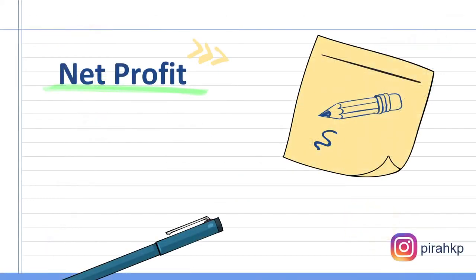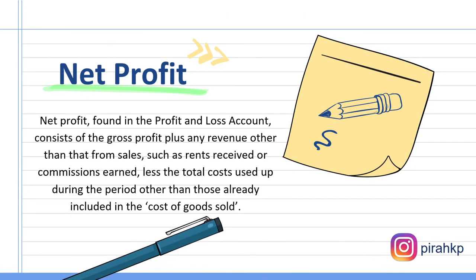Next is net profit. Net profit found in the profit and loss account consists of the gross profit plus any revenue other than that from sales, such as rents received or commission earned, less the total cost used up during the period other than those already included in the cost of goods sold.